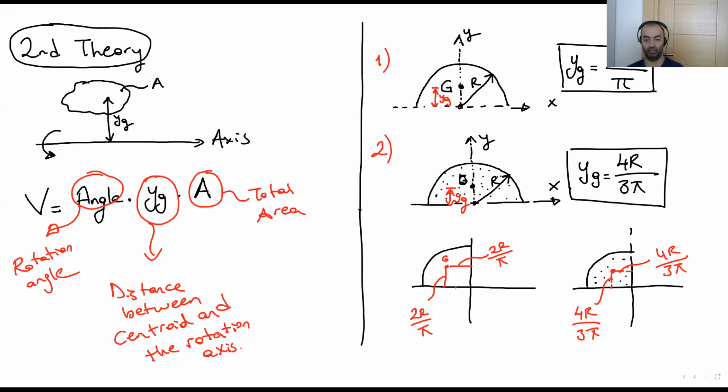You can see the xg and yg dimensions in the first sketch, 2r over pi, and for the 1/4 circular area, the centroid location for xg and yg is 4r over 3pi.